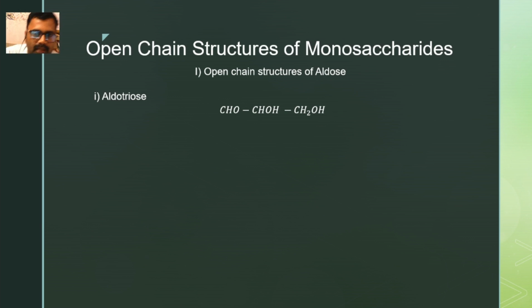In this formula we observe that the second carbon atom is the chiral carbon atom, because this carbon atom has 4 different groups. The first is the aldehyde functional group, the second is hydrogen, the third is OH, and the fourth is CH2OH.